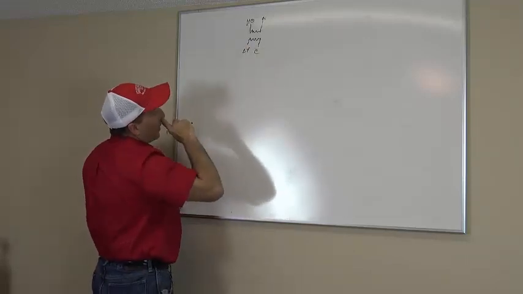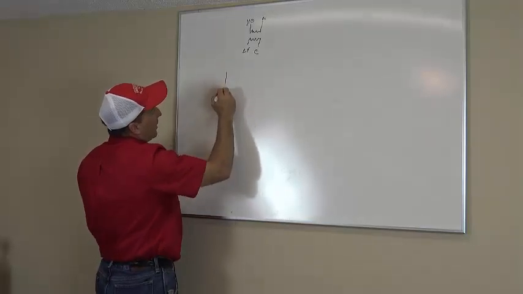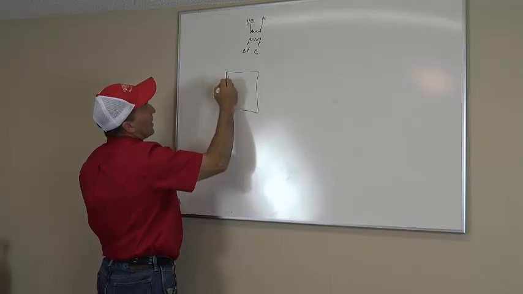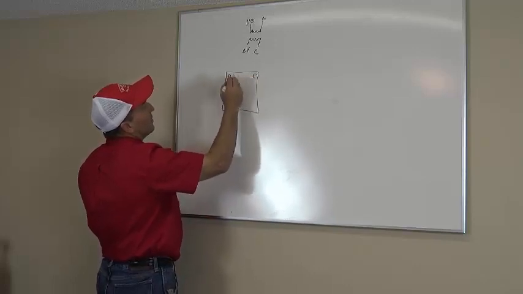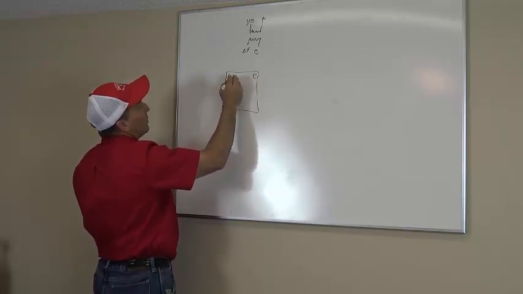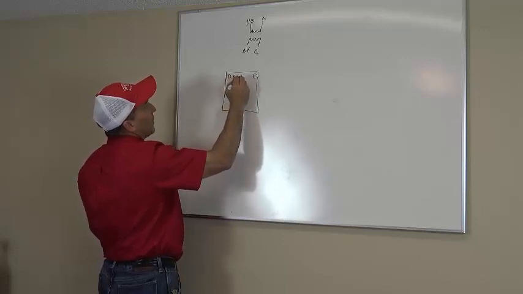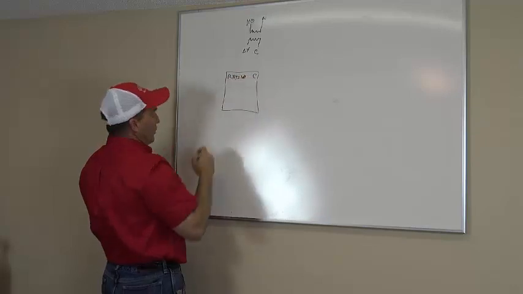Once we come from there, where does that transformer go? We're going to go into our circuit board, right? Our circuit board is going to have R, C, Y1, Y2, W1. I should have made this bigger, huh?